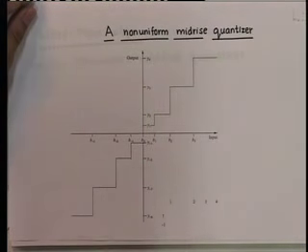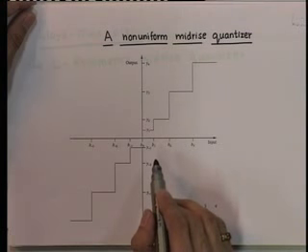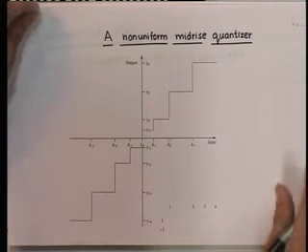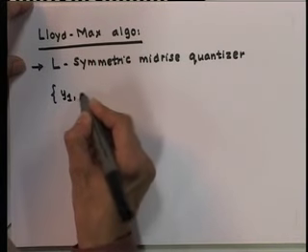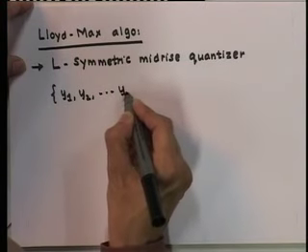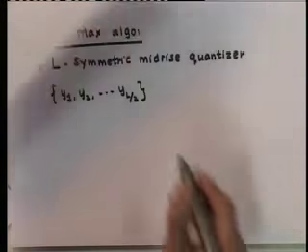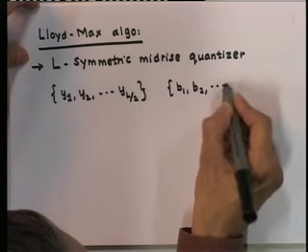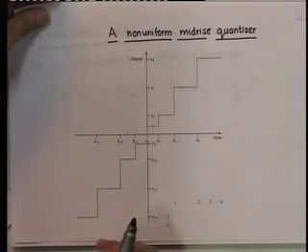From the figure, we observe that the design of this quantizer needs to obtain the reconstruction levels y_1, y_2 up to y_{L/2}, and the decision boundaries b_1, b_2 up to b_{L/2-1}. The example here is for L equal to 8.